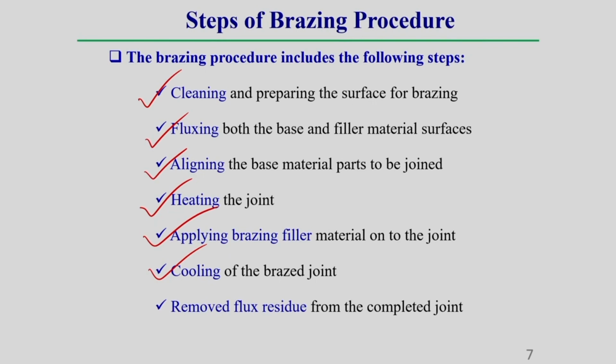Once the joint has cooled and the joining is made, what is the last step? We have to remove the flux residue from the completed joint. If there is any flux residue, it can promote corrosion. That is why we should remove it. So, these are around 8 different steps we should follow during the brazing operation.